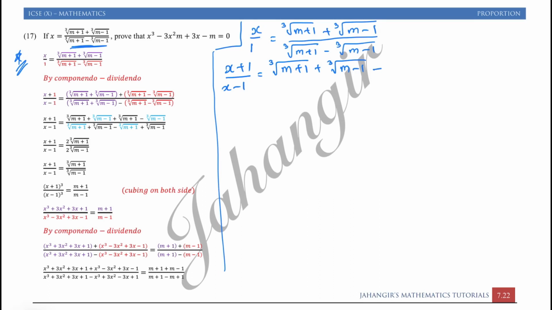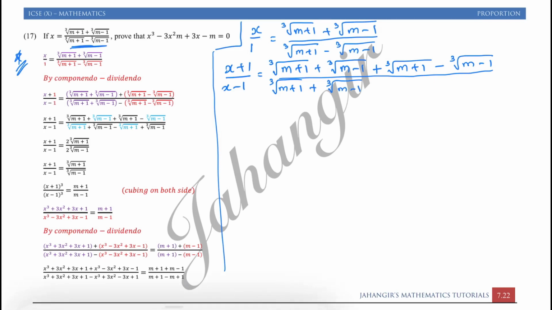cube root of m minus 1, plus in between, this is plus, then cube root of m plus 1 minus cube root of m minus 1, whole upon cube root of m plus 1 plus cube root of m minus 1.